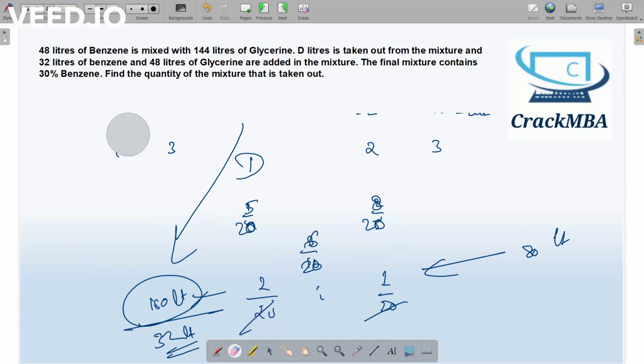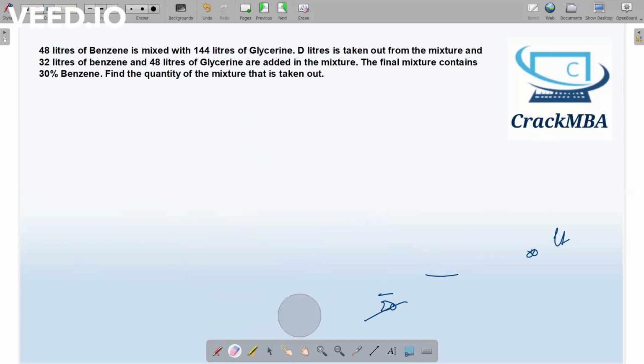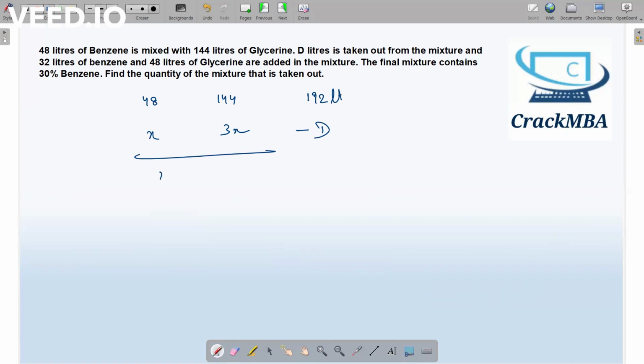The other method is the ratio method. We have 48 and 144, and 192 liters in total. This is in the ratio 1:3, so I can write it as x and 3x. After removing D liters, I will still have the ratio of x and 3x.